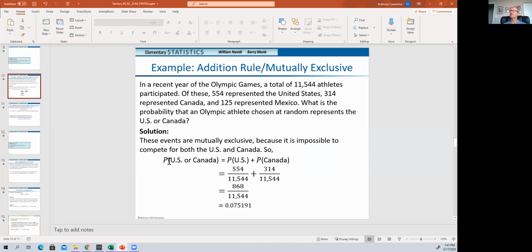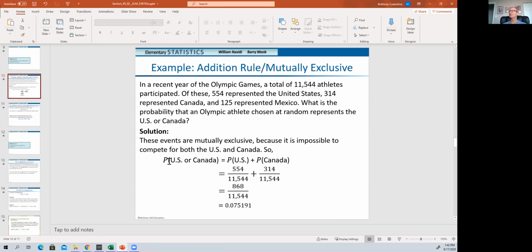So here it says in recent Olympics, 11,544 athletes participated. Of them, 554 represent United States, Canada, Mexico, etc. These events are mutually exclusive because you can't represent 2 countries, right? So here we have, what's the probability that an Olympic athlete chosen at random represents Canada or the United States.